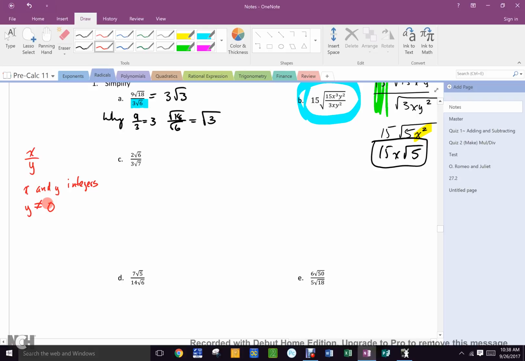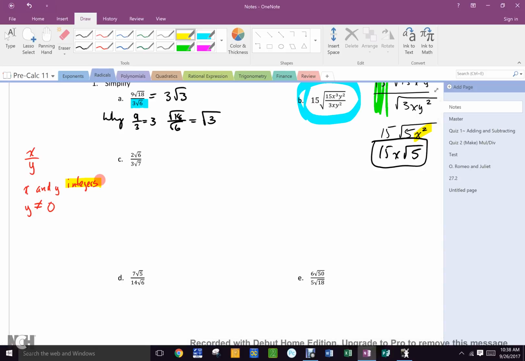Everyone agree? Okay. What was the definition of an integer? A whole number? All negative infinity to positive infinity, but no what?